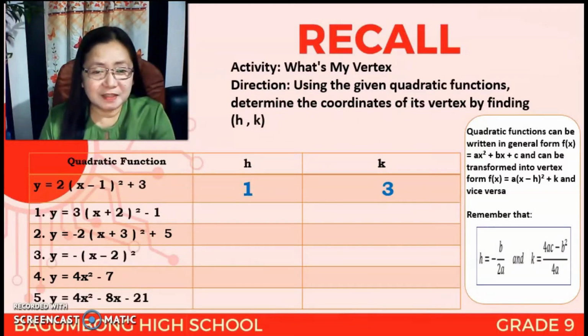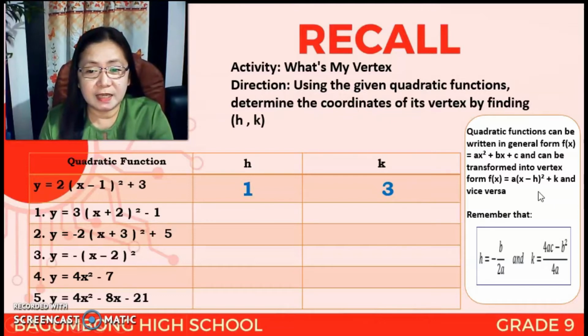For the review activity, what's my vertex? Using the given quadratic functions, determine the coordinates of the vertex. The coordinates of the vertex are represented by h and k. If the quadratic function is written in vertex form, right away you can determine the value of h. This is negative h, so just get the opposite of the second term of the binomial squared.